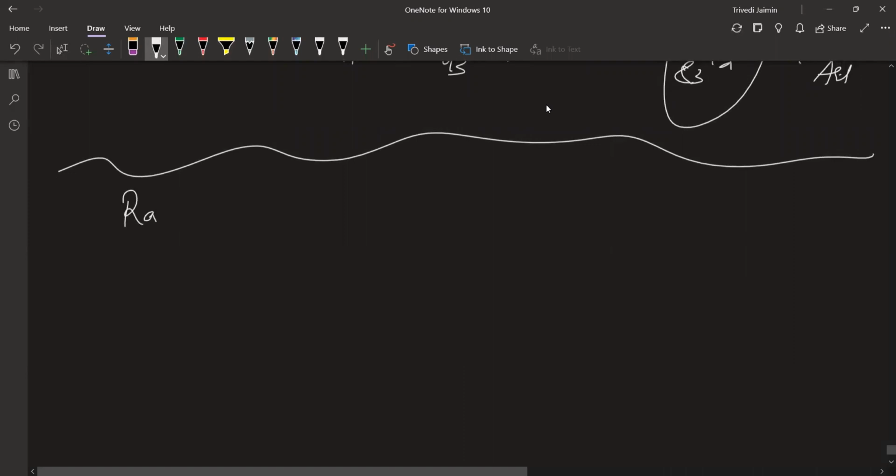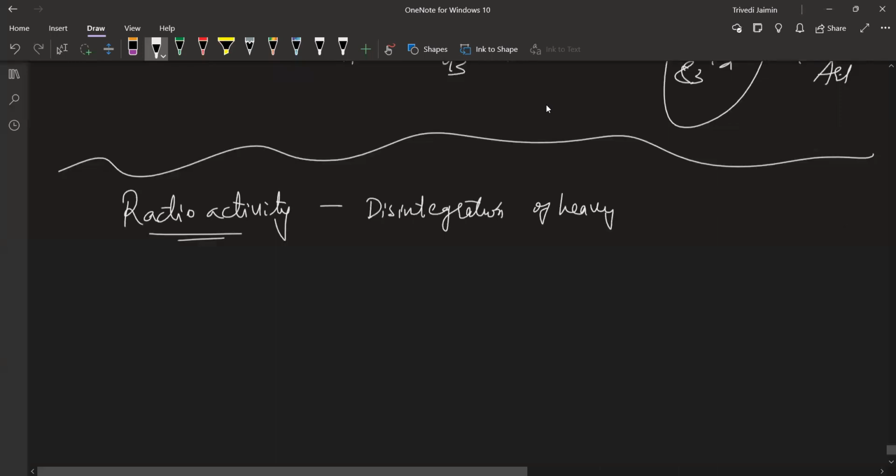Radioactivity means disintegration of heavy elements into lighter elements.